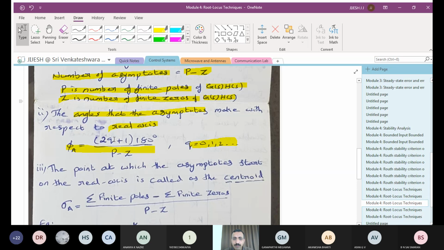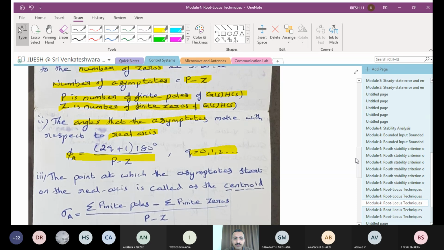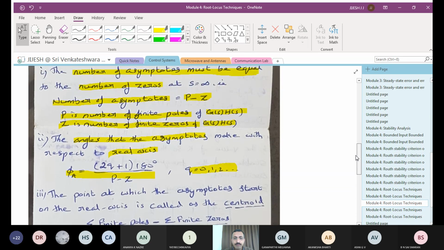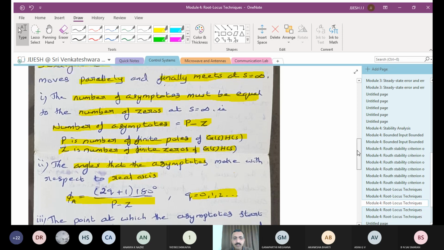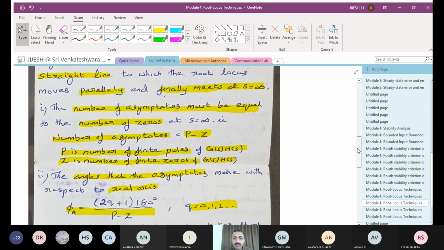Those things we have already discussed. You can make a note of those things in order to find out at which angle you have to draw the asymptotes.